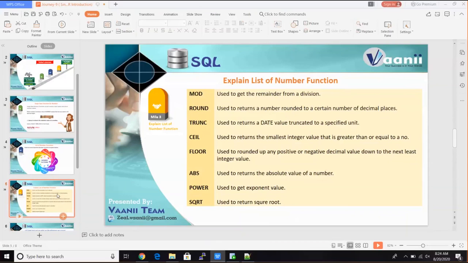Ceil and floor, you already got it: ceil goes higher, floor goes lower. Absolute will just give you the absolute value. Power will give you the exponent value, and SQRT will give you the square root.